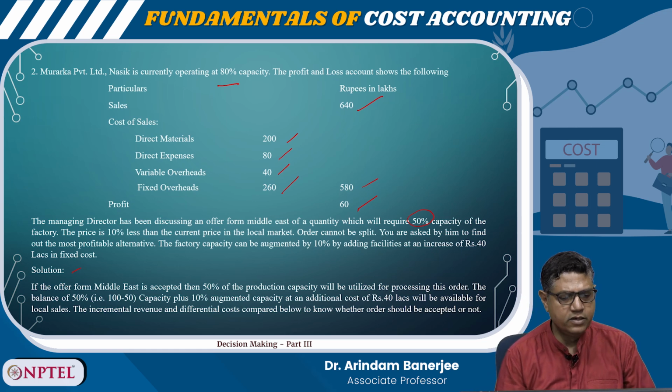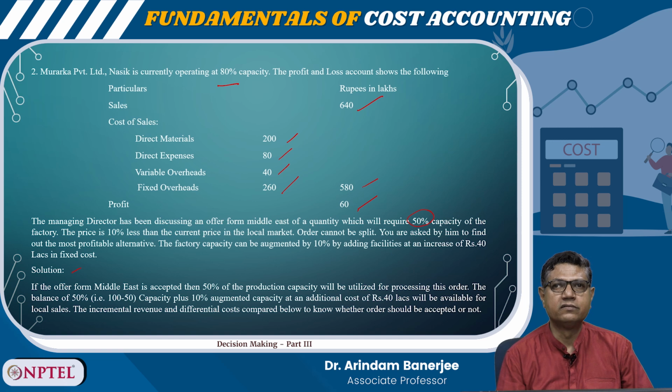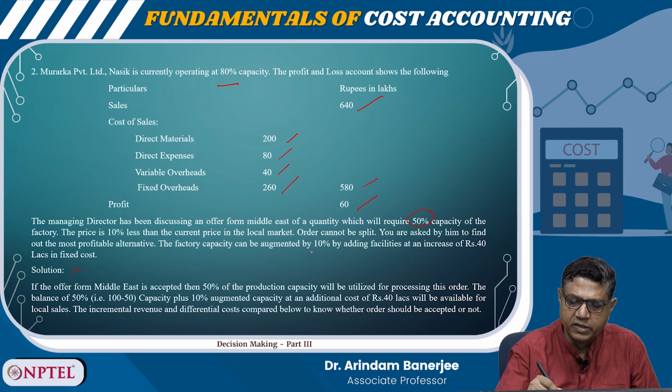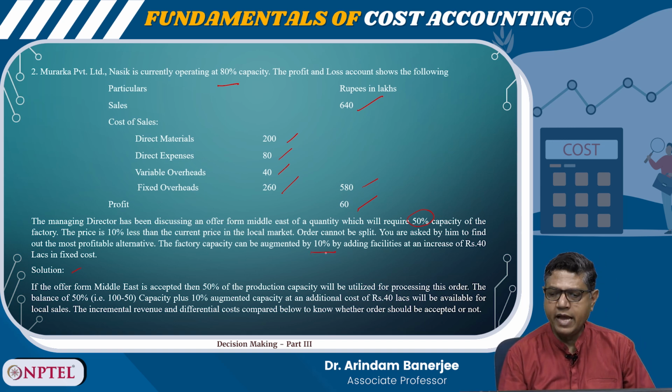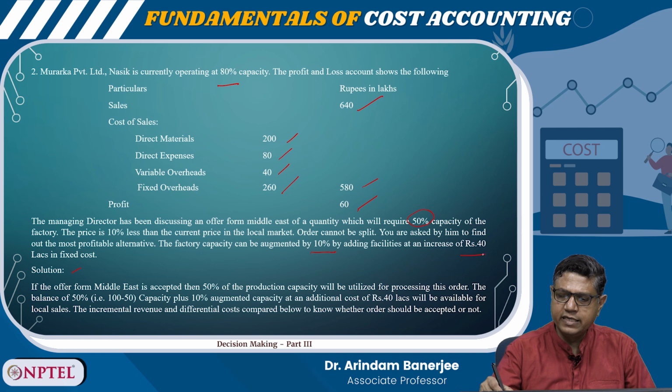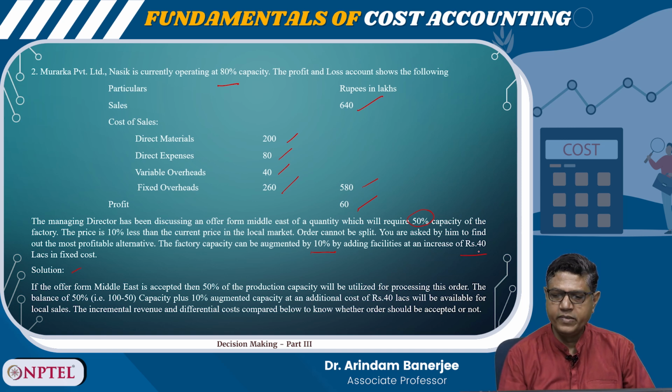So, processing this order, the balance of 50% capacity plus 10% augmented capacity. The factory capacity can be augmented by 10% at an increase in fixed cost, that is 40 lakhs. So, that is the condition. So, the balance of 50% capacity plus 10% augmented capacity at an additional cost of 40 lakhs will be available for local sales. So, now it is 60 plus 50.